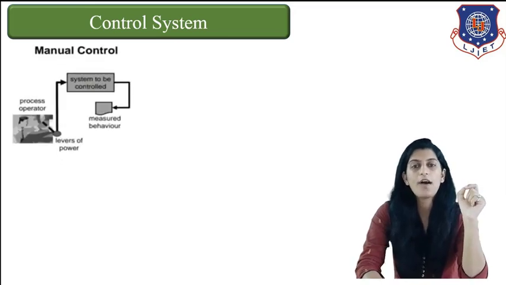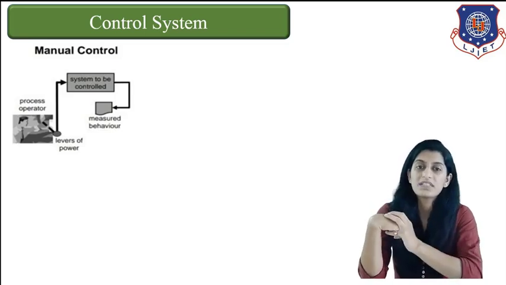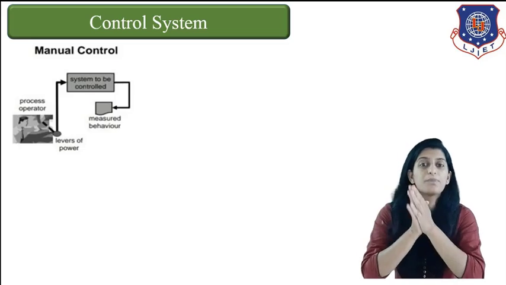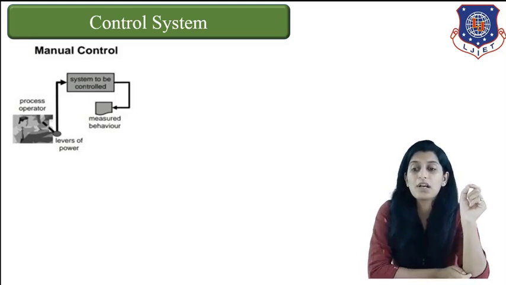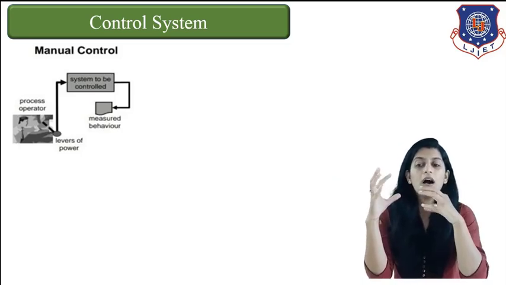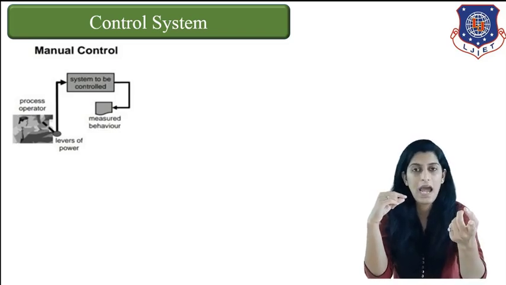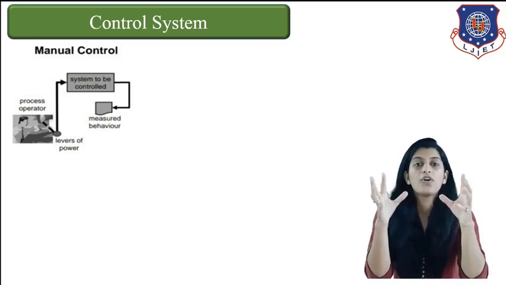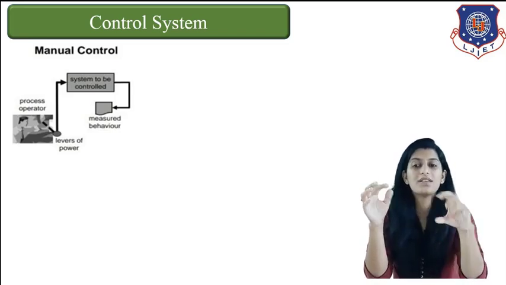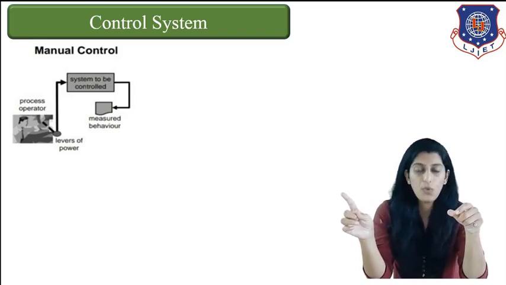So let's talk about the basic types of control system we have. The first control system is manual control. As you can see in this picture, an operator is going inside the plant to that particular equipment and trying to close the knob at that position only, right?